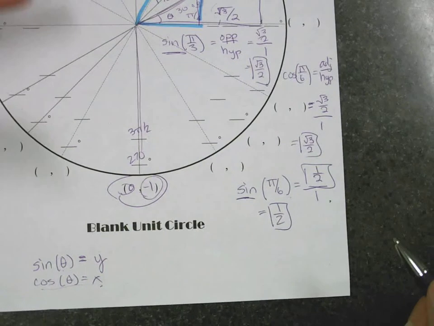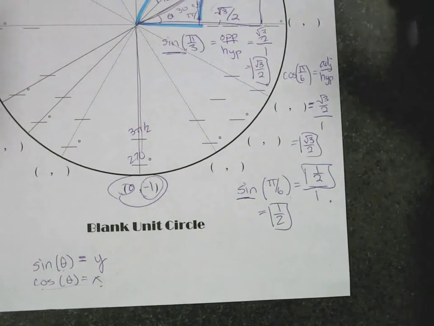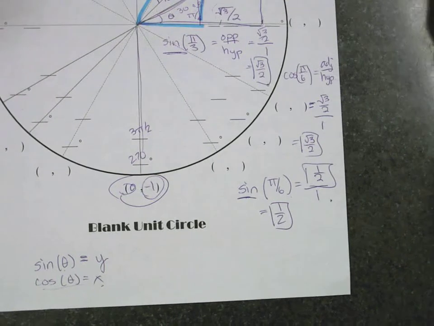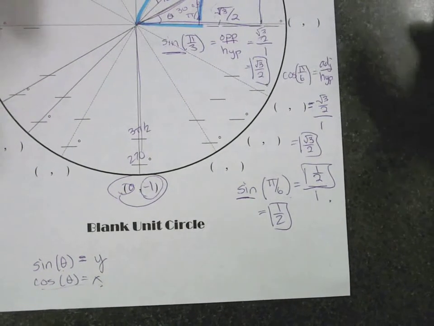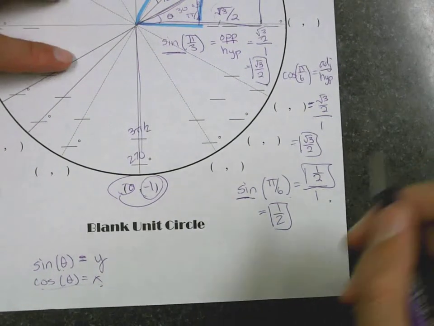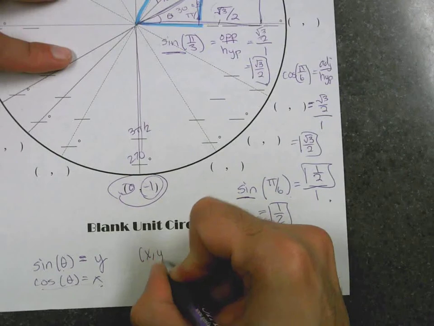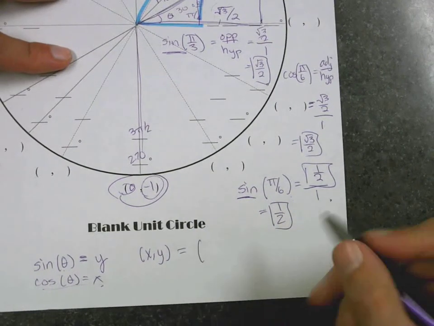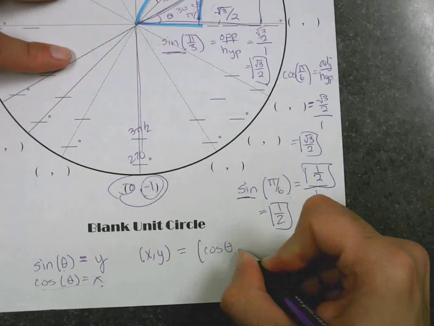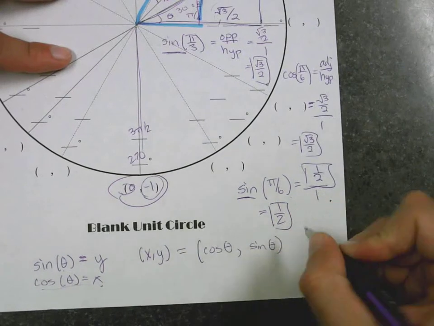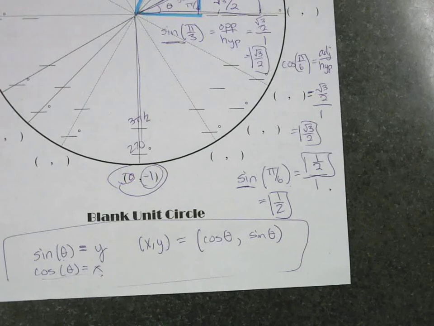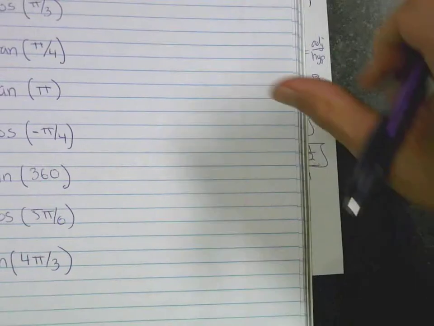So you can see now it's abundantly clear that we can just use the unit circle to tell us what sine and cosine and tangent are, which is lovely. It's a great tool. So any coordinate (x, y) on the unit circle can be written as (cosine theta, sine theta). That's a key point, and that is what's going to help us go back and do these problems here.